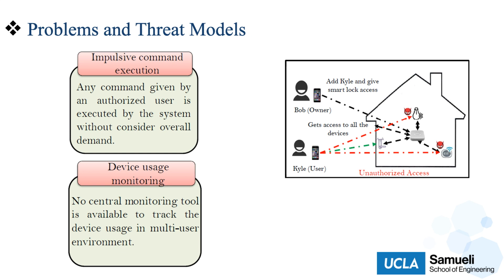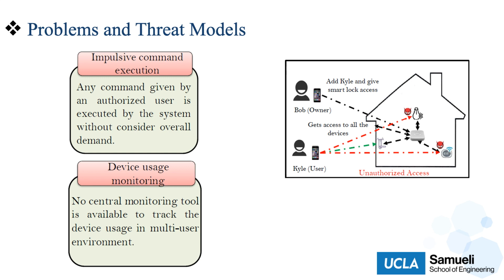So here we have the problems and the threats to the module. We have impulsive command execution, which means any command given by an authorized user is executed by the system without considering the overall demand.